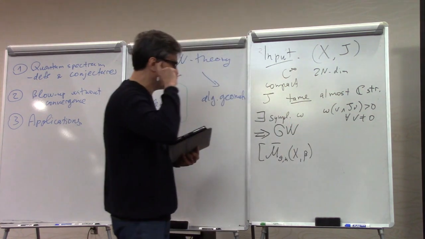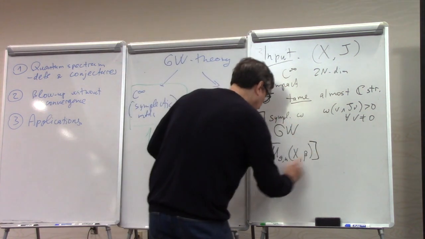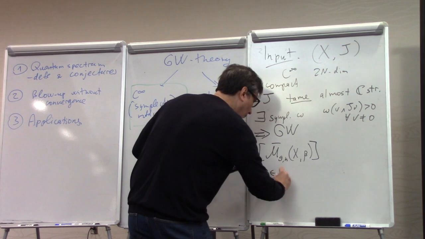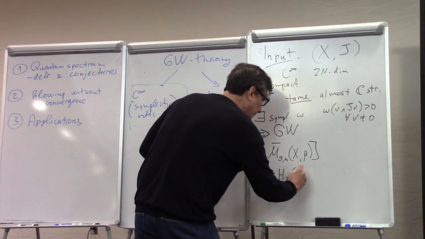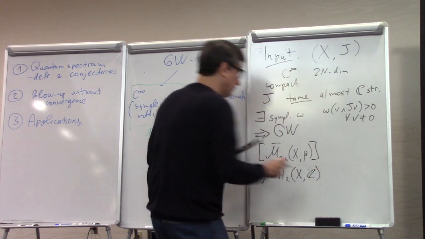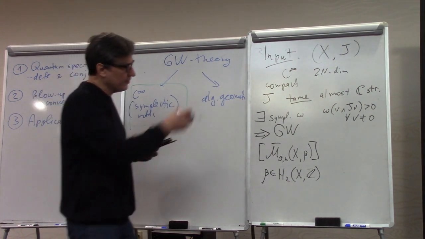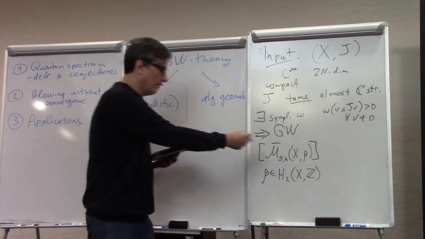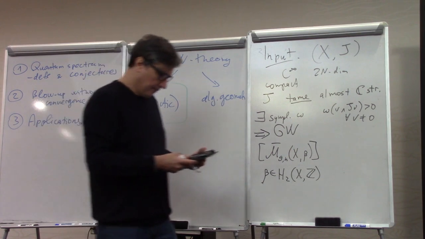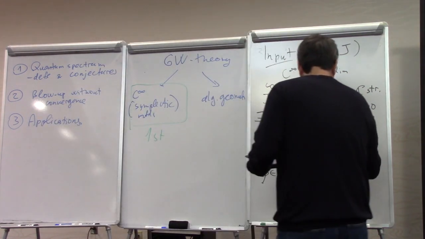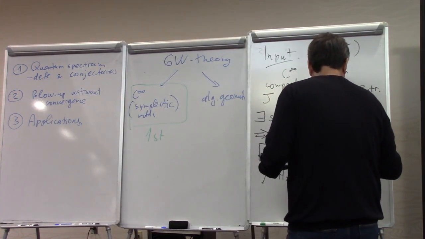So g will be the genus, and n will be the number of marked points. Beta will be a homology class, just an integral homology class. In fact, if you are just in spheres, genus zero, it will maybe be an element of pi_2, and then it belongs to H_2 of something.